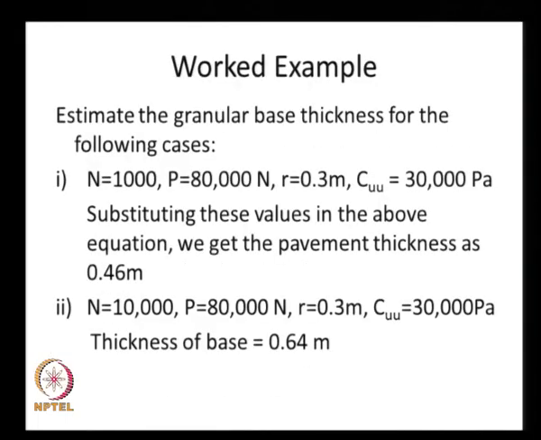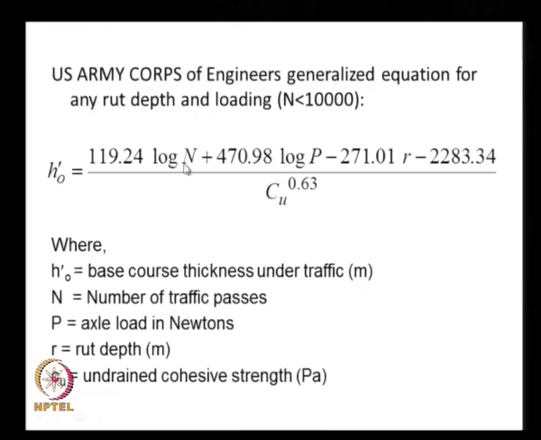Now let us look at some numerical examples and how to apply this equation, because it is a combined equation that gives us the influence of the number of traffic passes N, the axle load P, the rut depth R, and Cu, the effect of all these factors on the pavement thickness.